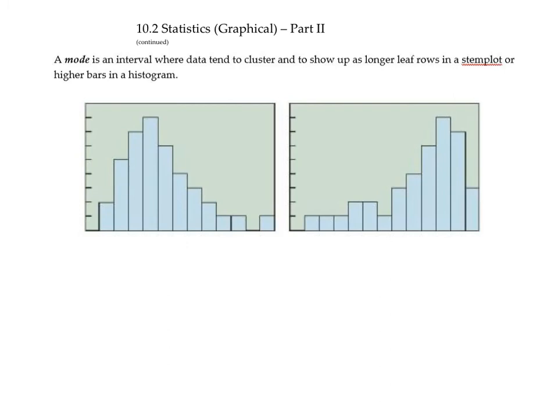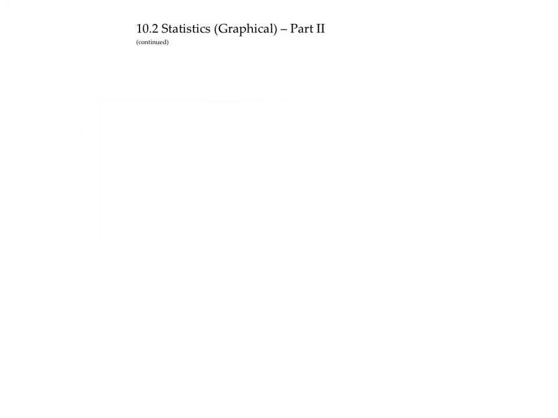Looking at it, I might even wonder if that graph is bimodal because there seems to be a second slight clustering point for the data where we get to a height of 2. But if we just ignore that as an anomaly, then we would still say that graph on the right is skewed left.